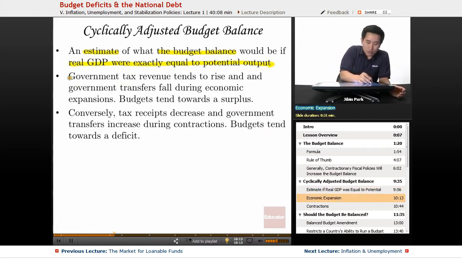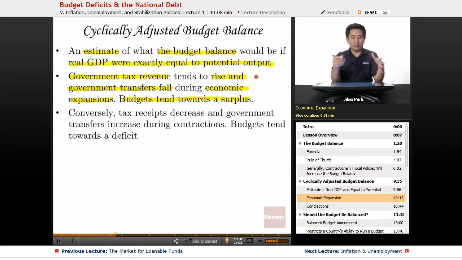And here's the reality. Government tax revenue will tend to rise and government transfers fall during economic expansions. So budget tends towards a surplus. Let's erase this extraneous stuff here. So in times of economic expansion, people have more jobs, so they're going to pay more, so more tax revenue is going to come in, and so the budget will naturally tend towards a surplus.